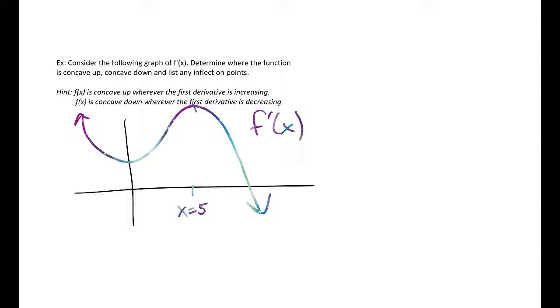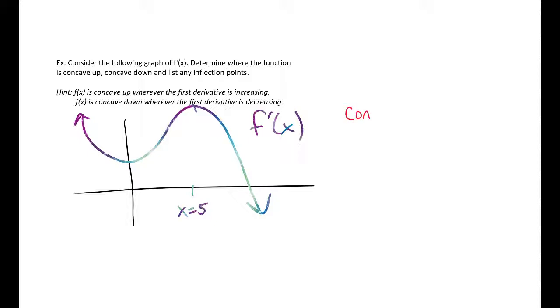So another way to determine concavity is that f of x is concave up wherever your first derivative is increasing. Because that means the second derivative is positive. So one more time, you're concave up wherever your first derivative is increasing, and you're concave down wherever your first derivative is decreasing.